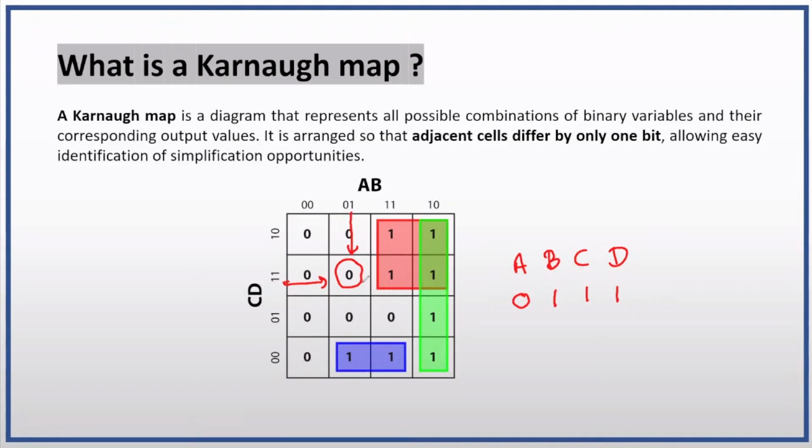So if the input combination is 0, 1, 1, 1, the output is 0.